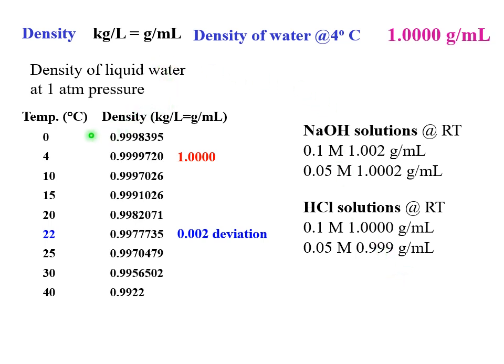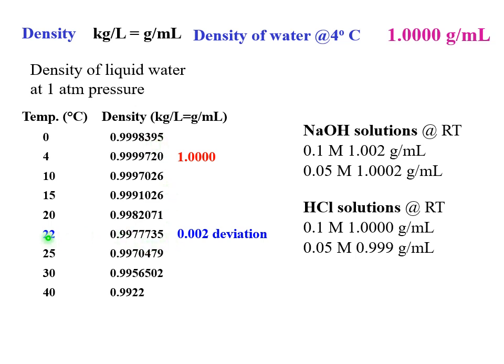Now, if we look more carefully at densities of water, yes, here we have 4 nines at 4 degrees, so essentially it's 1.000. With increase of temperature, density is going down. Actually, it's going down also with decrease of temperature to 0 Celsius, but not too much.